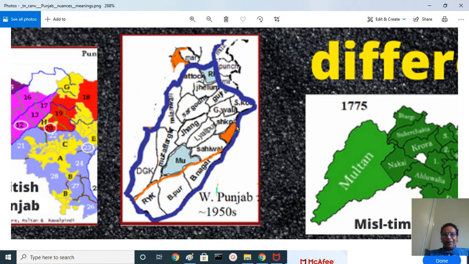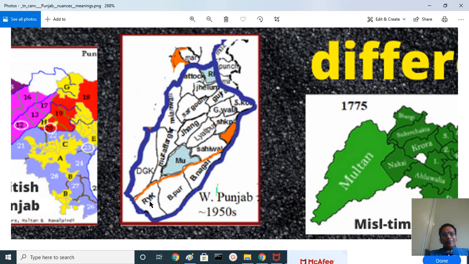the Dominion of India got Amritsar district and Gurdaspur district. Gurdaspur district contained Pathankot, Gurdaspur and Batala, sans Shakargarh Tehsil, that is a slight bit Muslim majority, so it was given back to West Punjab, that is the Sialkot district here. And south of the Sutlej River, the princely state of Bahawalpur joined the Dominion of Pakistan.